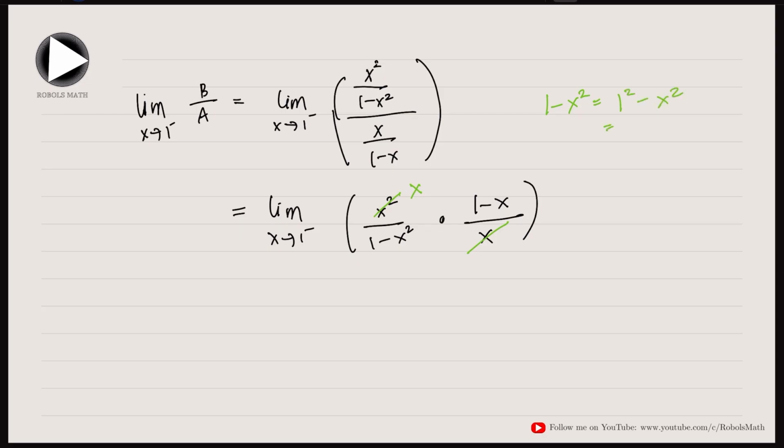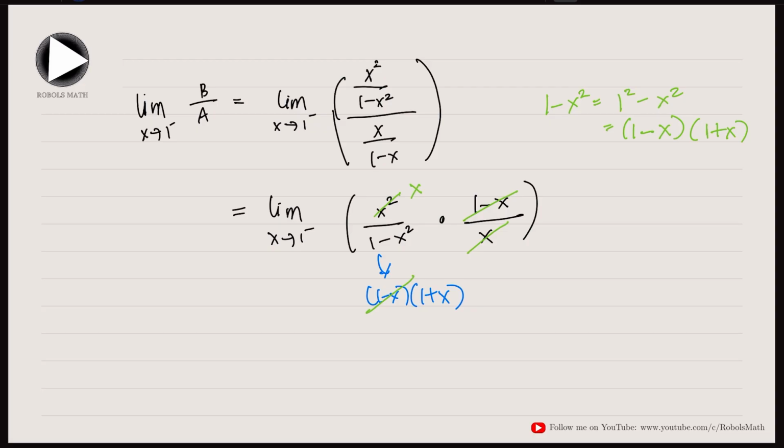And we know that the difference of two squares can be factored as a minus b times a plus b. Therefore, the 1 minus x in the denominator will be cancelled out by that in the numerator. So this cancels out, leaving us with just 1 plus x in the denominator.